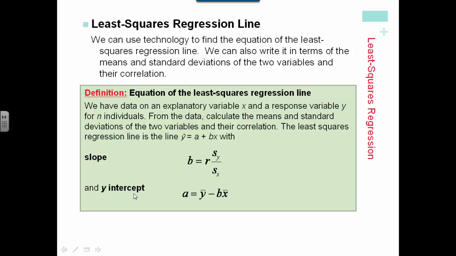And to get the y-intercept, which is the a value, we can use other values such as our mean y bar minus b, which we calculate from above, times x bar. So these are just different ways to get a and b if we know the means, standard deviations, and the correlation.